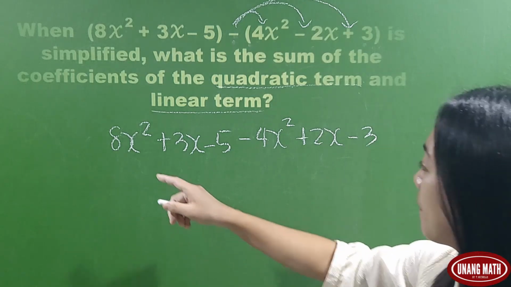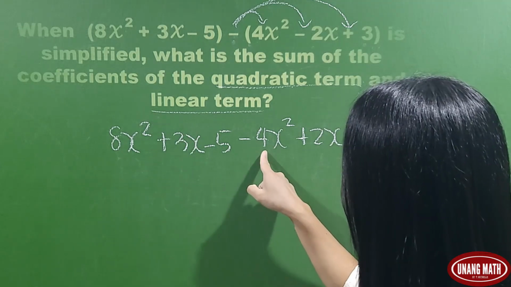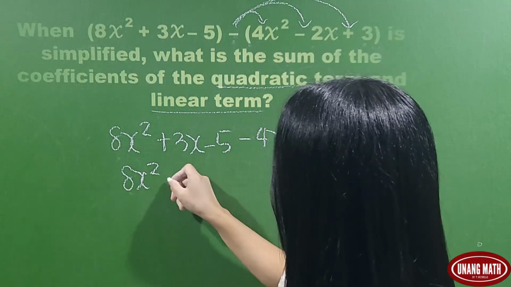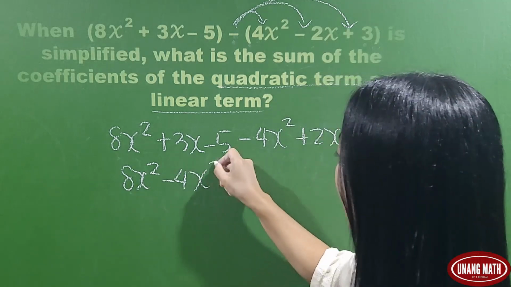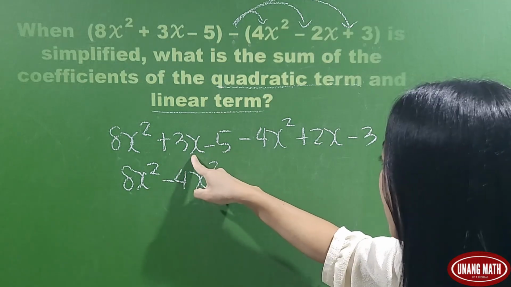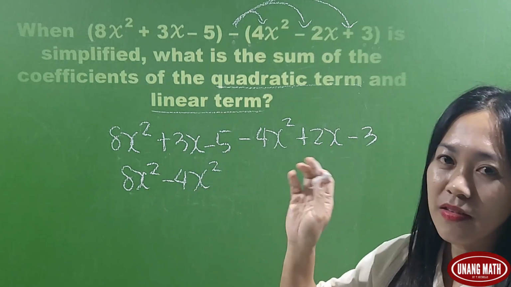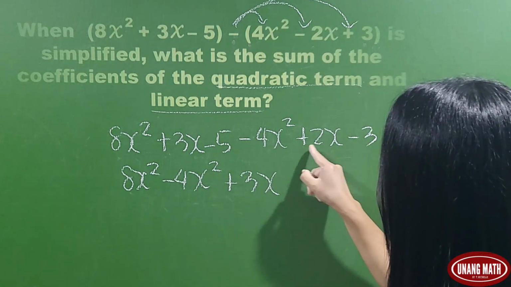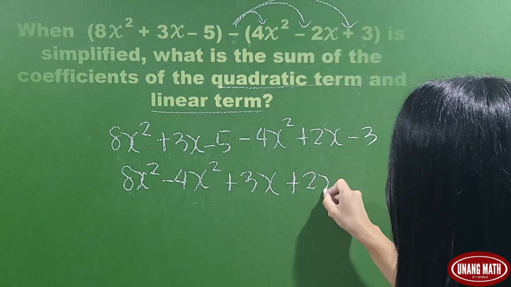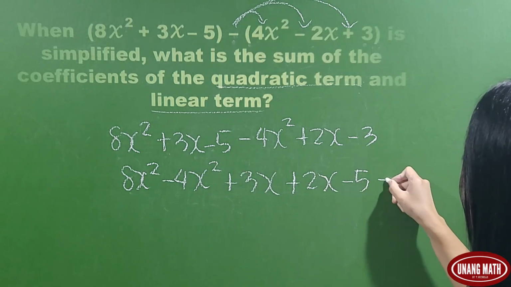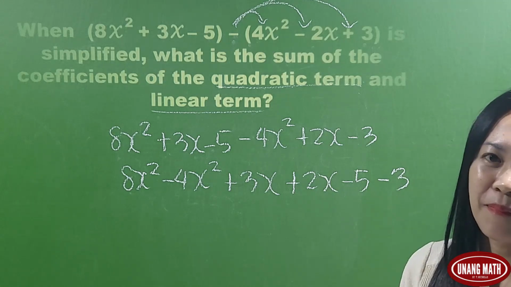Okay, simplify. 8x squared and negative 4x squared are like terms. So 8x squared minus 4x squared. Okay, we have also 3x and 2x. These are also like terms. So this is plus 3x plus 2x. Then we have here minus 5 minus 3.